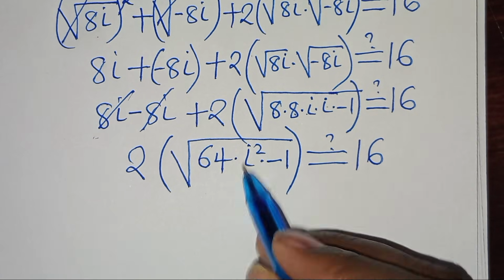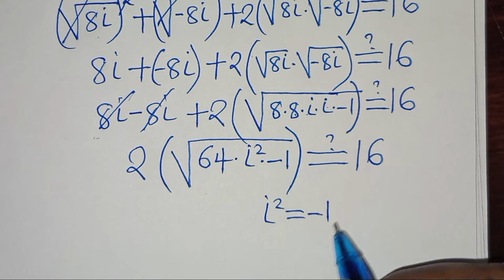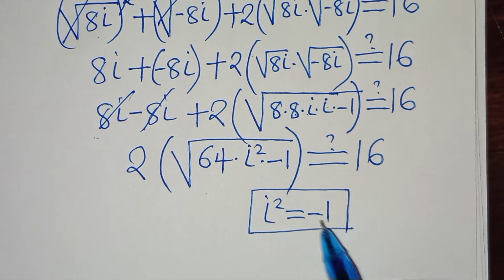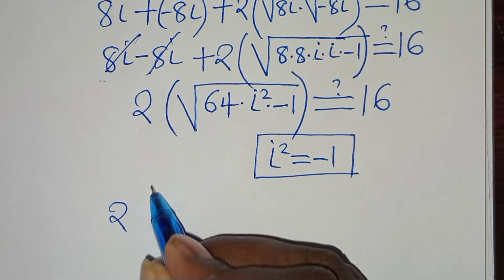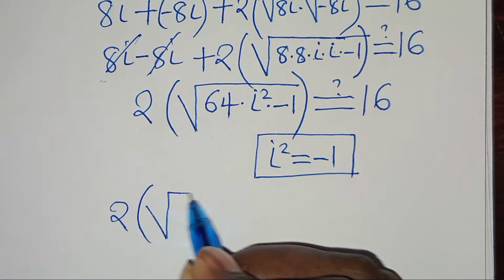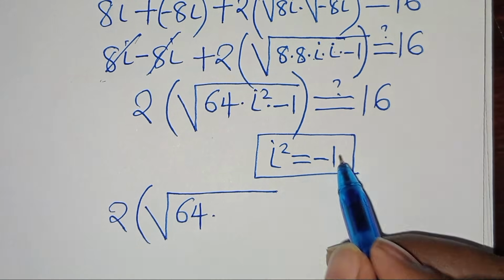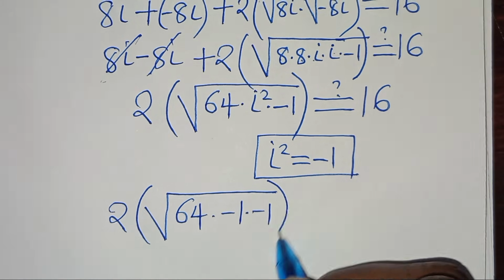The next step is that i squared is the same thing as minus 1. So let's substitute i squared with minus 1, so that we have 2 into the parentheses. This is the square root of 64 multiplied by i squared, which is minus 1, times minus 1, close the parentheses.